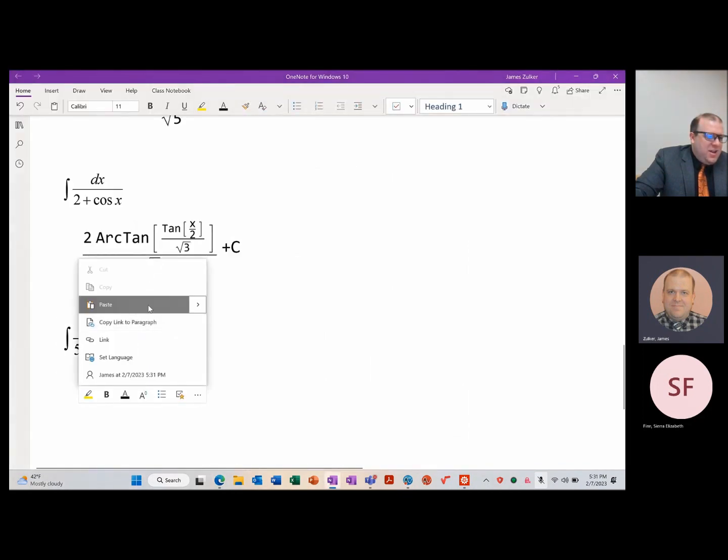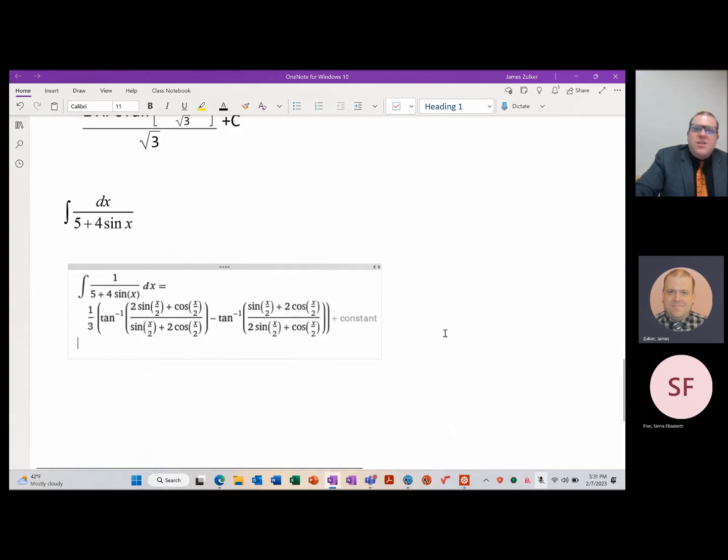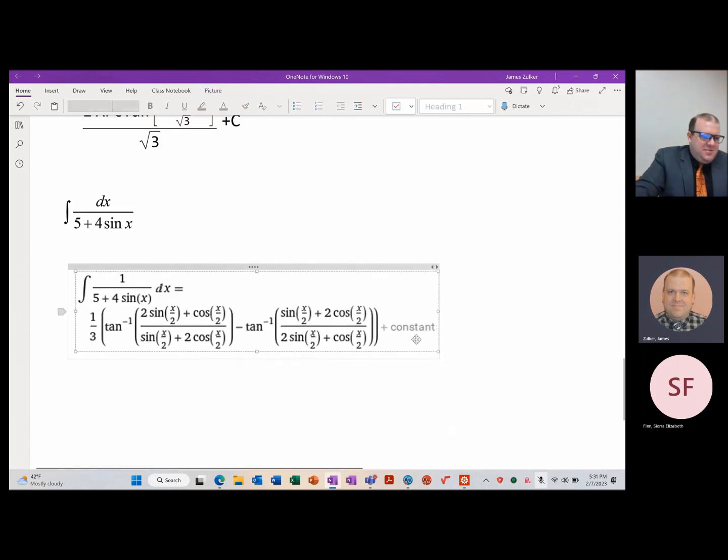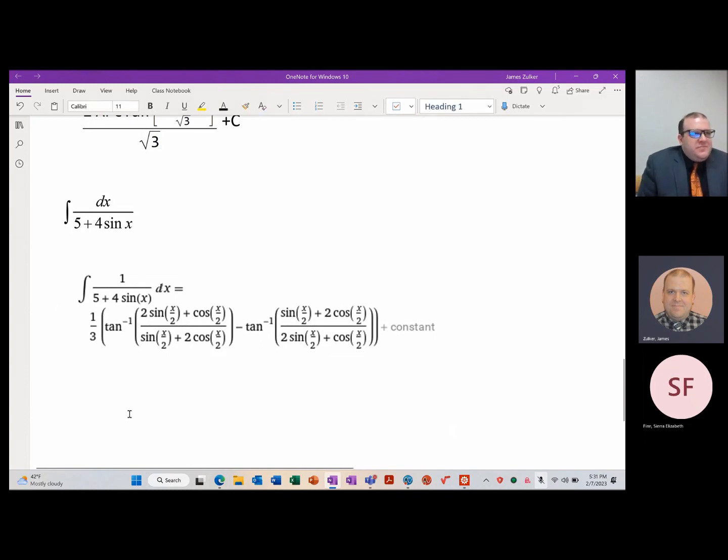I believe that'll work if I just do copy image and then paste, and there we go. And look, this one even tells us plus a constant. That's nice. That is through the use of technology.